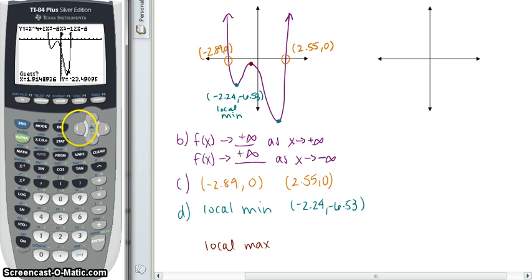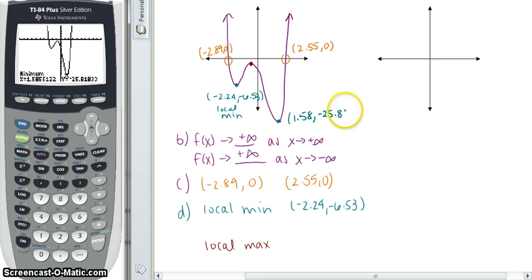Move the cursor a little bit towards the minimum value there, hit enter. And this gives us our other point of 1.58 or 1.59, either one, comma, negative 25.82.